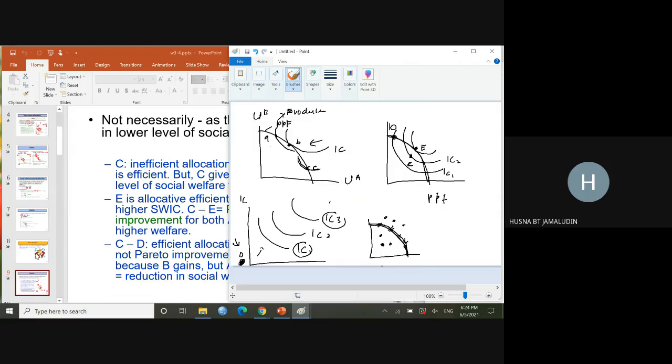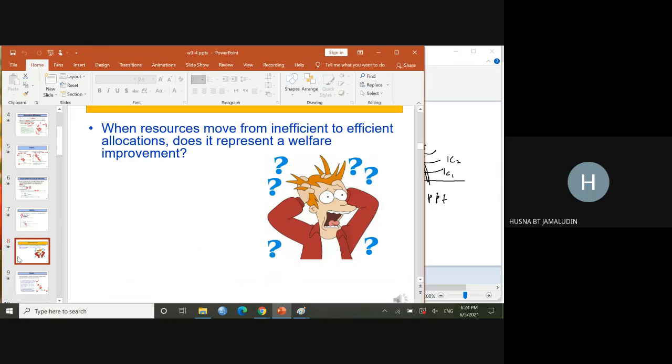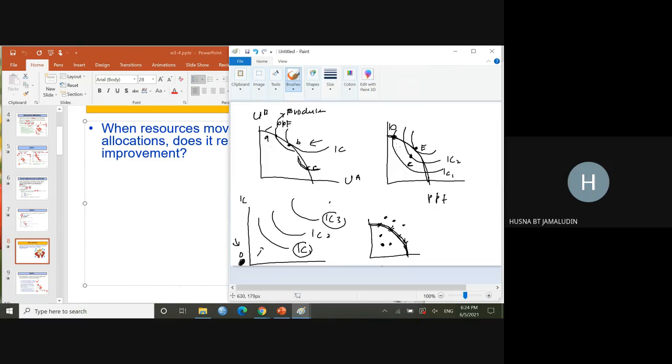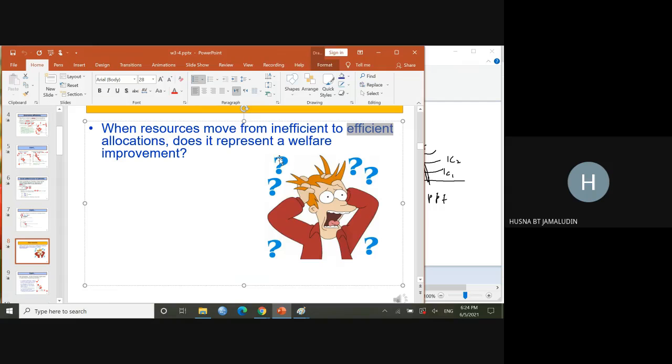Let me get back to the question. When we move the resources from an inefficient point, which is point C, to an efficient point, which is point D, point D is efficient and point C is not efficient. But does it actually represent a welfare improvement?